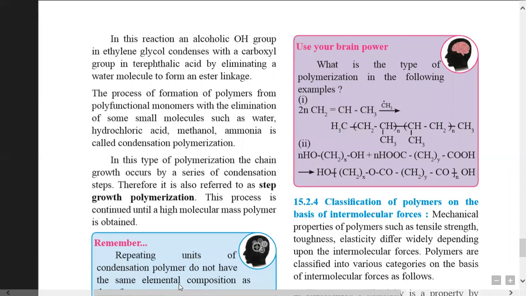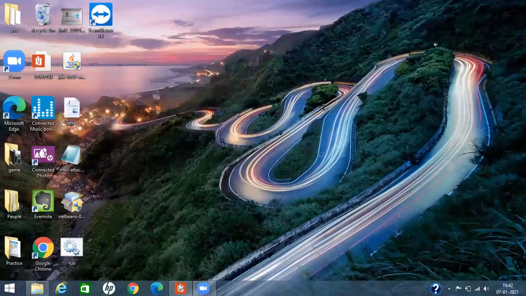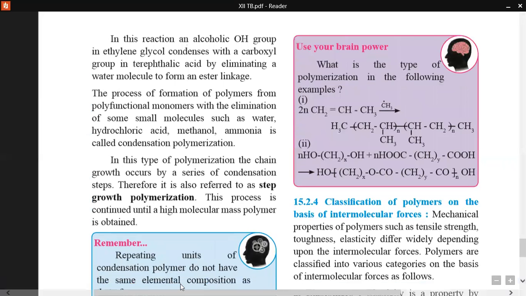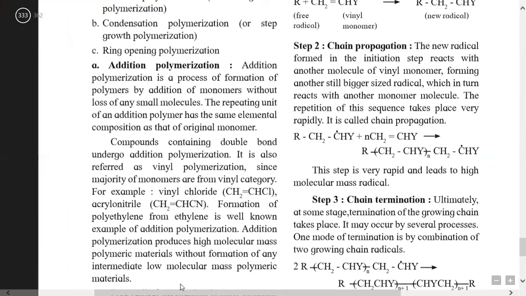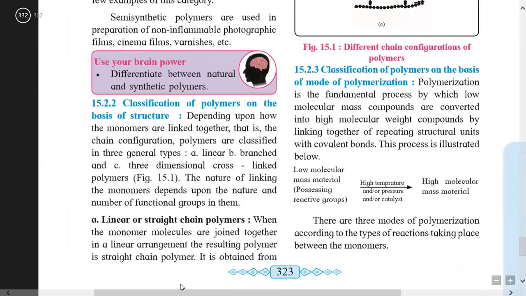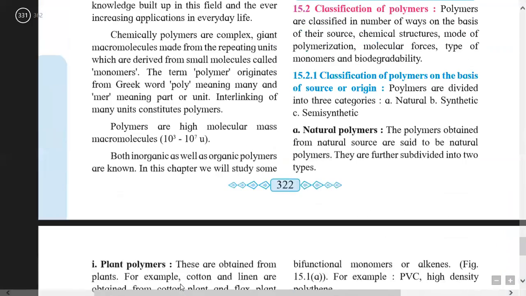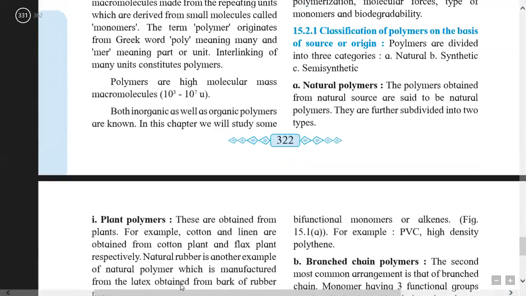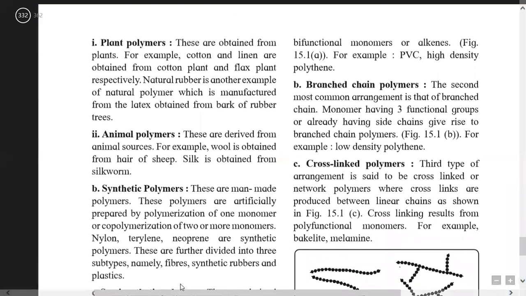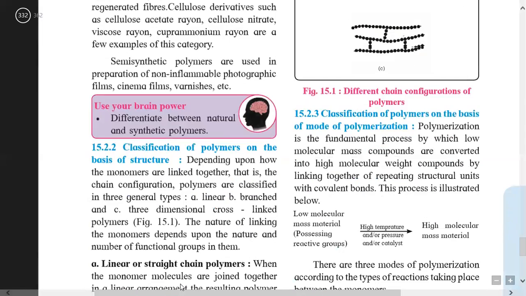So that is about the first three ways of classification of polymers. We have studied three ways of classification: first on the basis of source or origin, second on the basis of structure, and third on the basis of polymerization. On the basis of source, we studied natural polymers, synthetic polymers and semi-synthetic polymers.